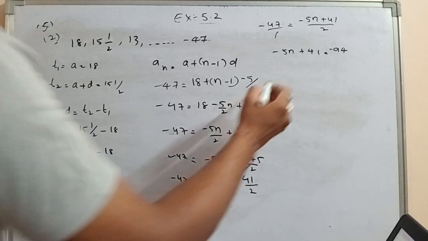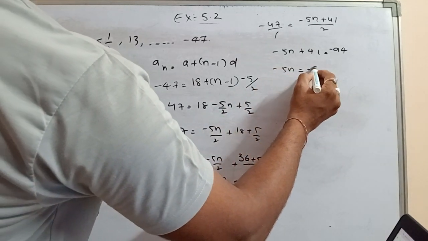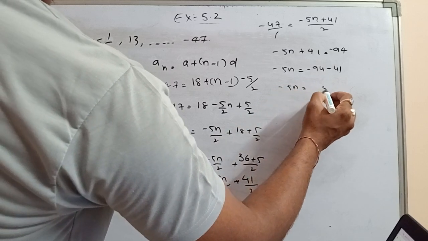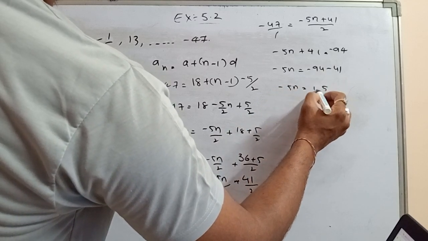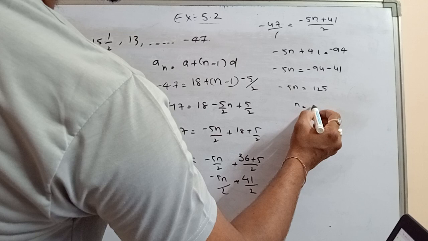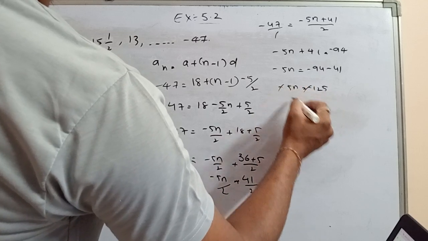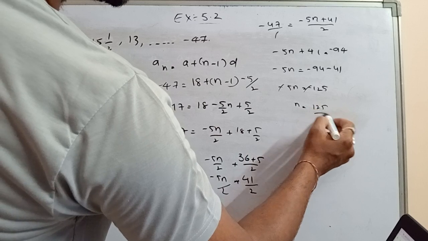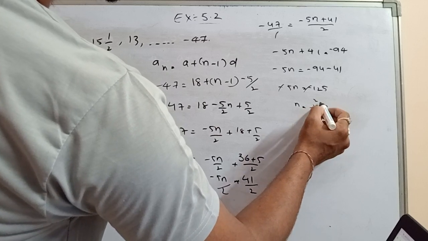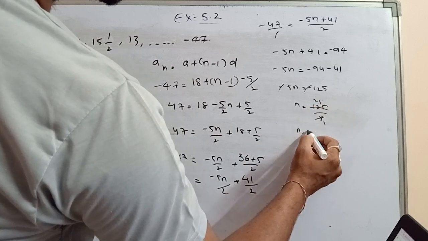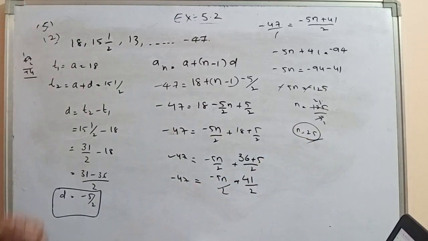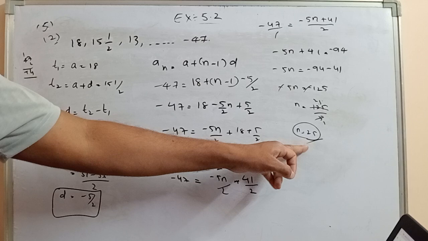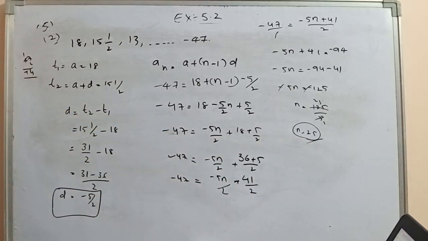So minus 5n is equal to minus 94 minus 41, minus 5n is equal to minus 125. Minus and minus get cancelled, n will be 125 by 5, 5 ones are 5, 5 twos are 10, so the value of n will be 25. So in between 18 and minus 47 there are 25 terms.